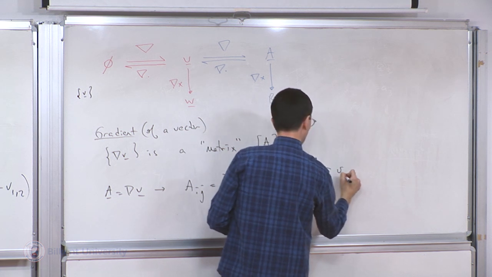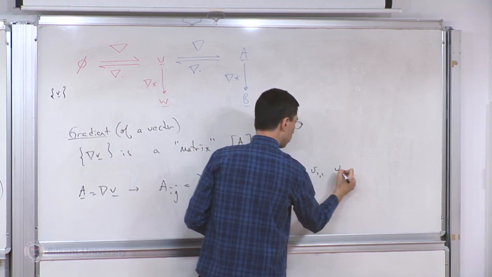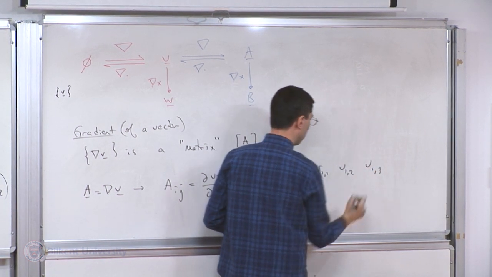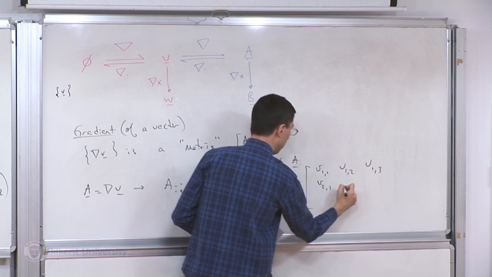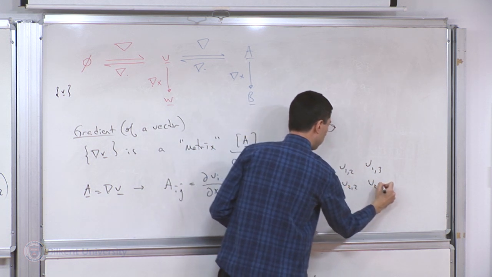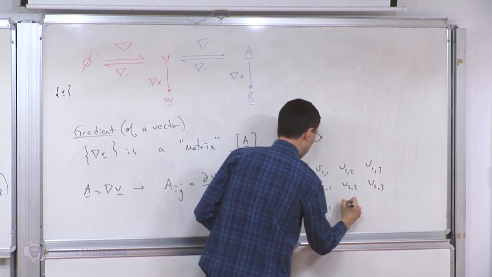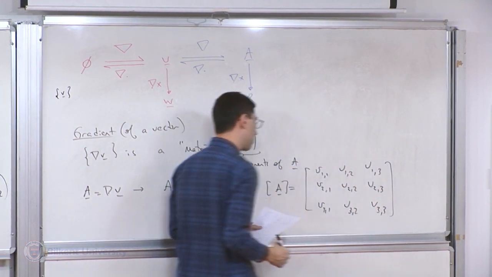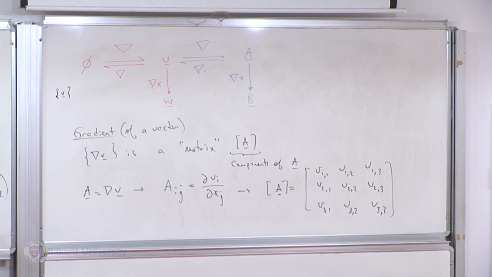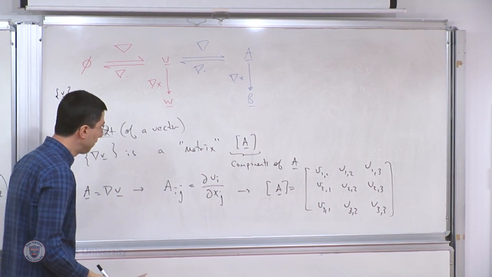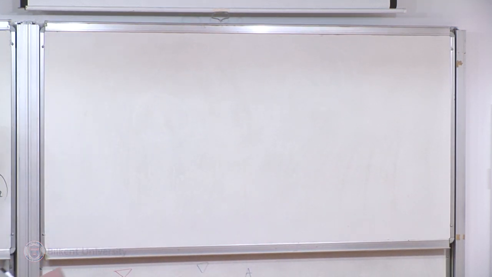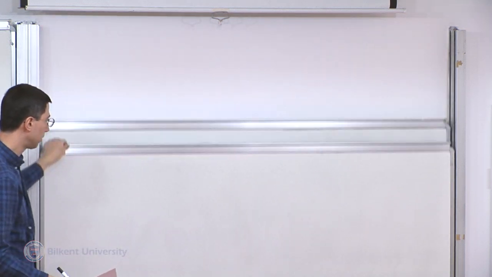So it's V1,1, V1,2, V1,3, and so on: V2,1, V2,2, V2,3, V3,1, V3,2, V3,3.